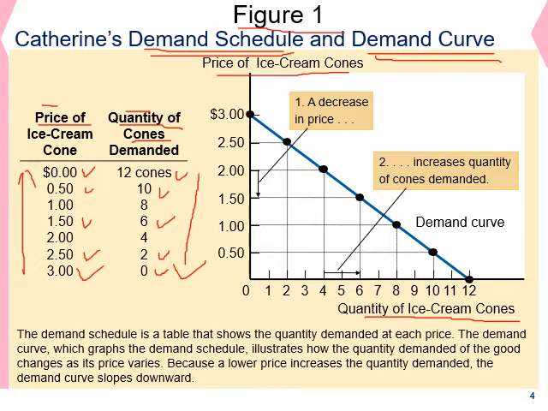The 7 demand schedules would be represented by these dots: one, two, three, four, five, six, seven.